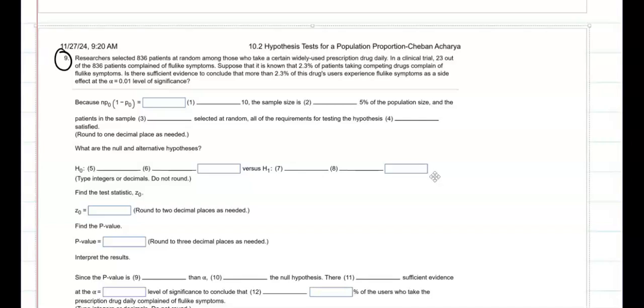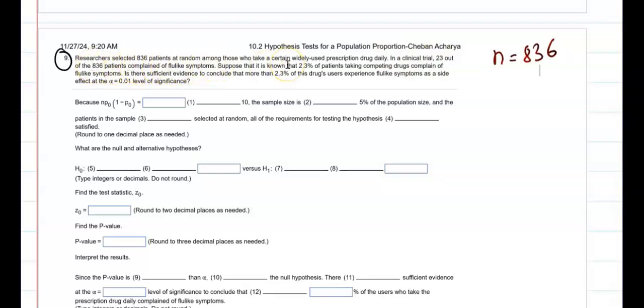Number 9. Researchers selected 836 patients at random among those who take a certain widely used prescription drug daily. So here 836 is the sample size, n equals 836, because that many people the researchers selected. In the clinical trial, 23 out of 836 patients complained of flu-like symptoms.